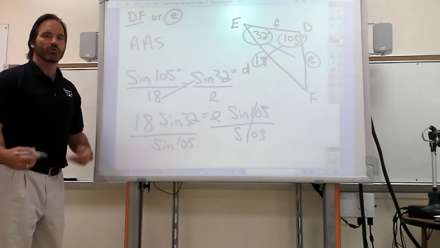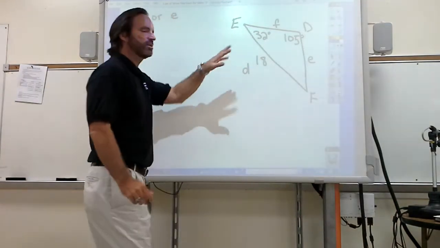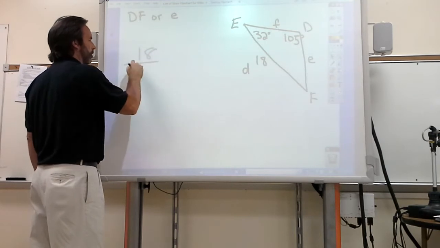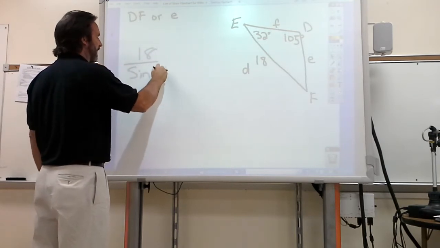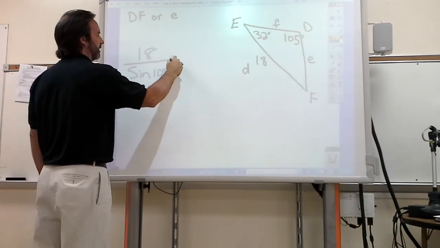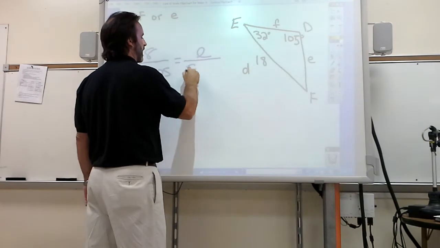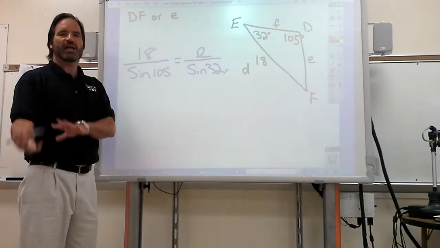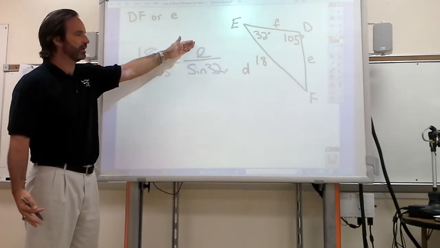Okay? Real quick, if I did it the other way, realizing I'm solving for a side, I'll put 18 over sine of 105 equals E over sine of 32. And just using algebra, not a cross product, I know that if I want to solve for this, I'm going to undo division.